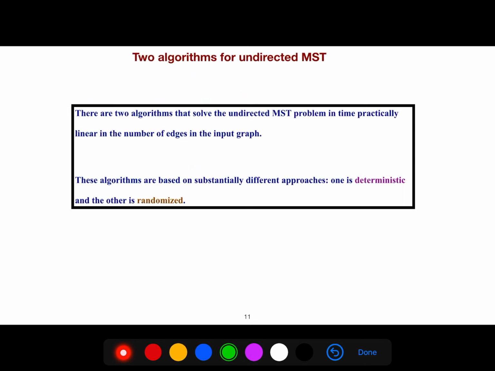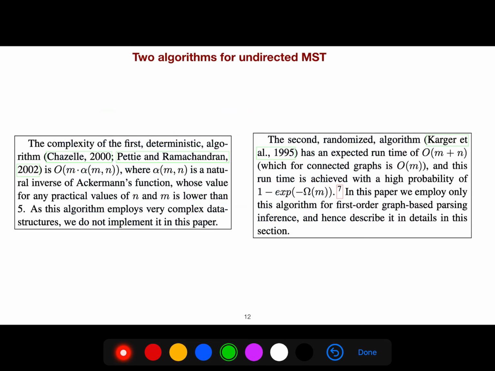So there are 2 algorithms for undirected maximum spanning tree, and these algorithms are based on substantially different ideas. One of them is deterministic, but the other one is a randomized algorithm. The first one is here, the second one is here.